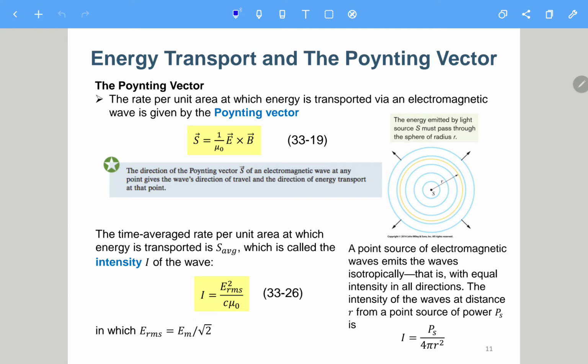Next we introduce another variable called the Poynting vector. The rate per unit area at which energy is transported via an electromagnetic wave is given by the Poynting vector.